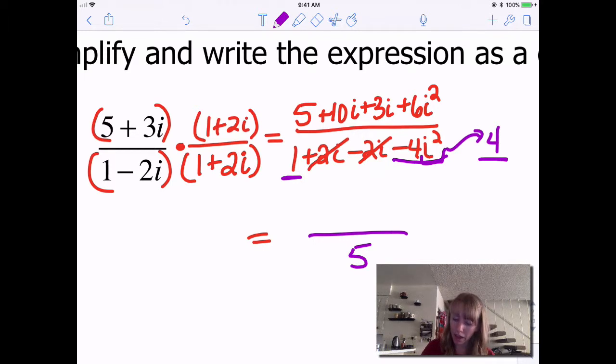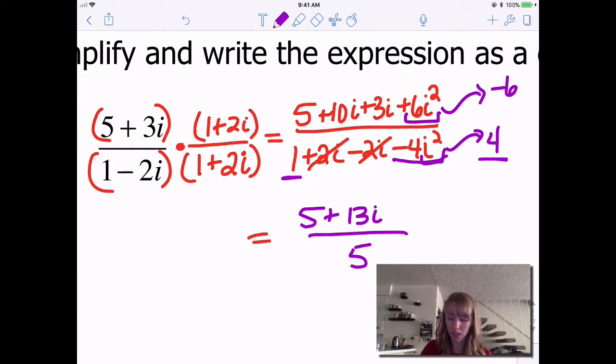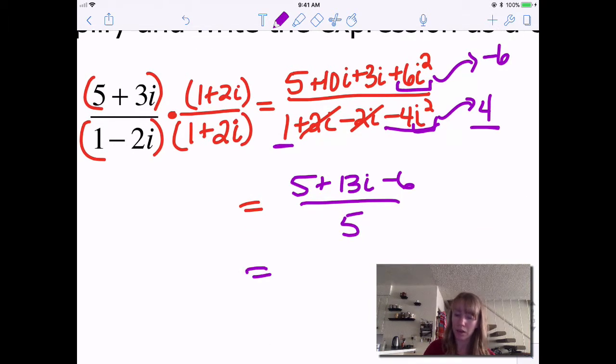On the top, I have 5 plus 13i, and then 6i squared. When I multiply 6 times a -1, because that's what i squared is, I'll get -6. So really, I can combine my 5 and -6 to get -1 plus 13i all over 5.